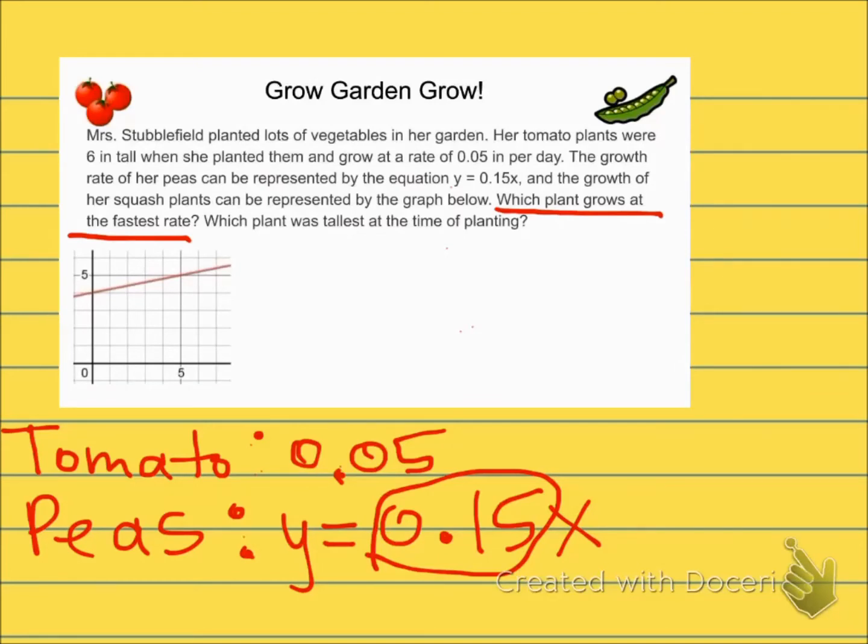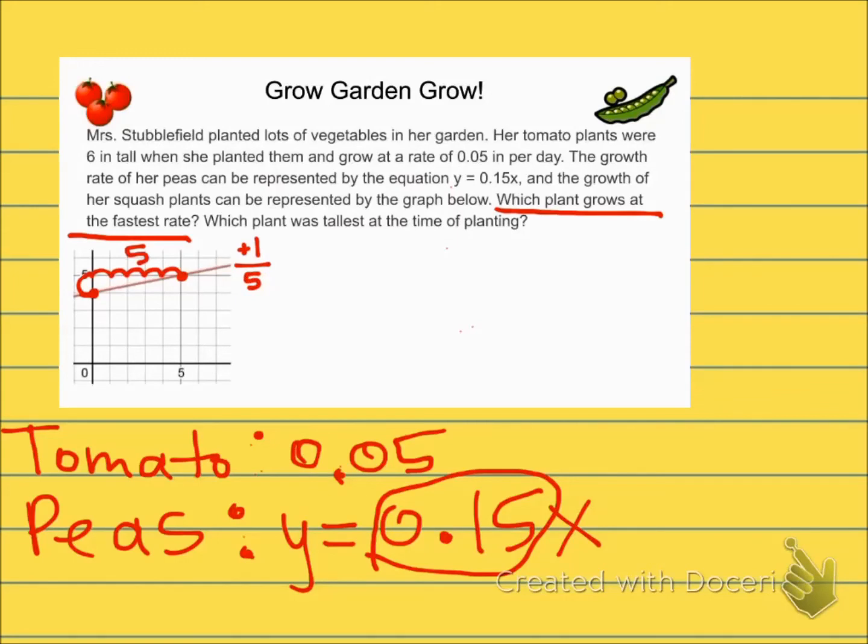And then the graph shows our squash plant's rate. And so if you'll remember from earlier, we're going to have to find the rise over the run. So I'm going to start right here. This is at 4, and we go up to 5. So that's plus 1. And then 1, 2, 3, 4, 5 is the run.